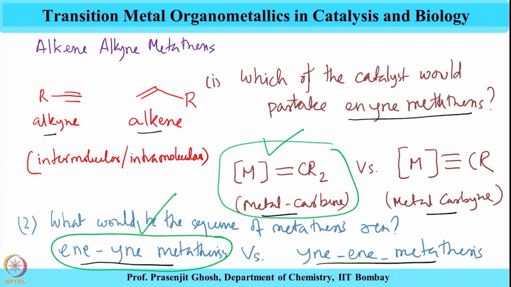So, the take home point is that alkene alkyne metathesis or enyne metathesis is a complex metathesis maneuver which has come out of these individual classes of alkene metathesis and alkyne metathesis, and given the complexity that arises regarding the pathway, the metal carbene species are supposed to be the active species for this enyne metathesis.